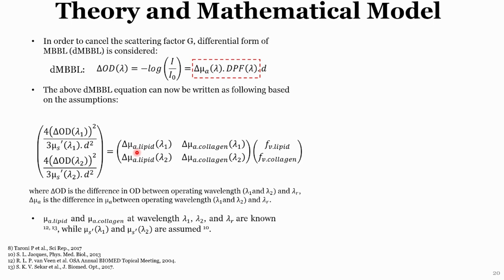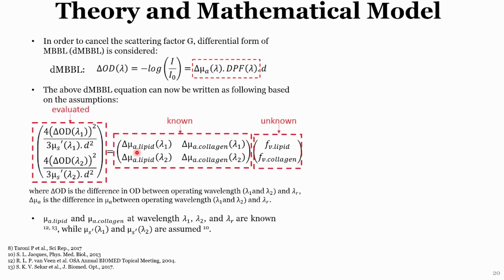Two different states could be the breathing of a person, inhale and exhale. So this mu a is not a single value, but the difference between two different states at that particular wavelength.